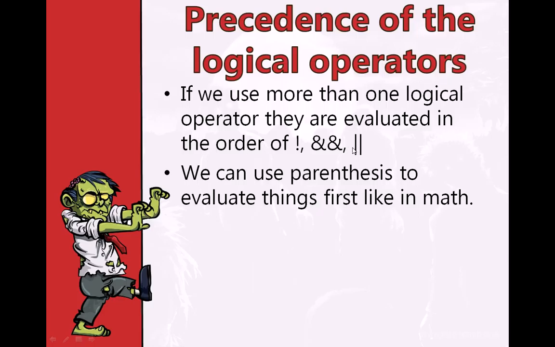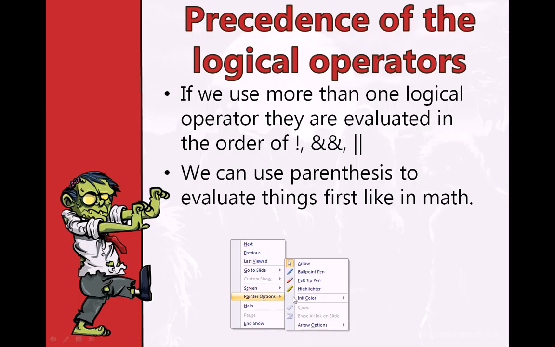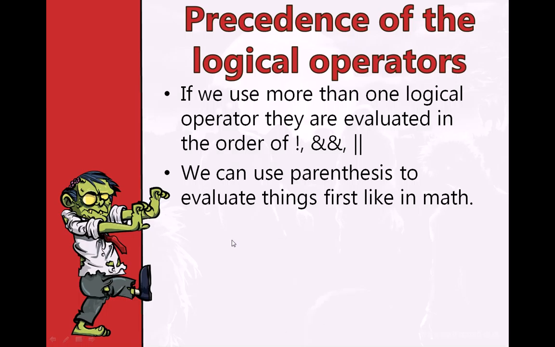So if I have x, let me change to a pen here and see how I can do this. If I have x or y, that's supposed to be a y there, just pretend. This side is true, and this side is false.